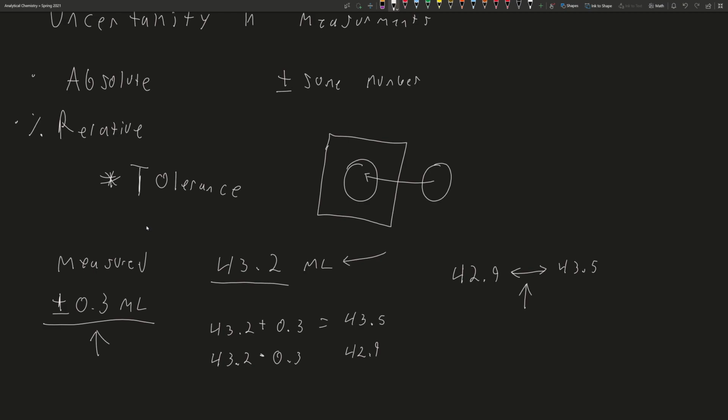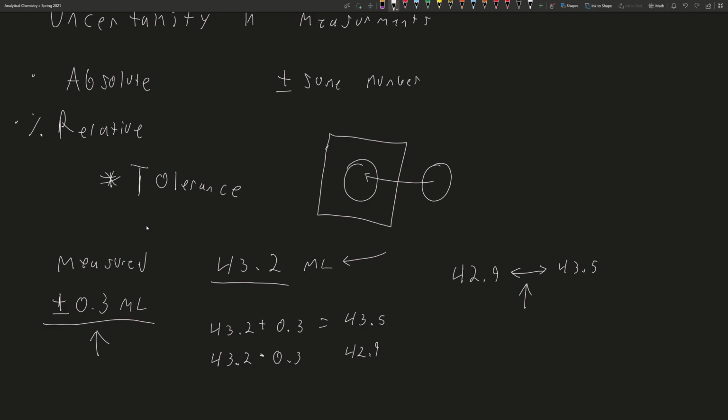So usually we want very low uncertainties, and that's why we use different instruments to measure different things. Specific pieces of glassware have specific uncertainties tied to them, and if you're measuring very small quantities, you want a very small uncertainty.